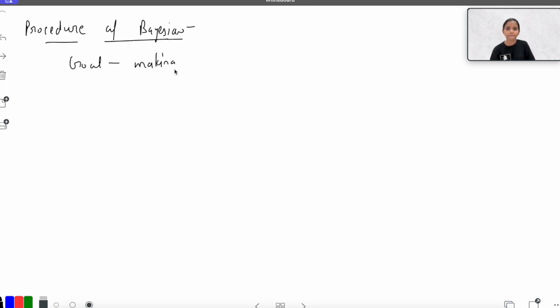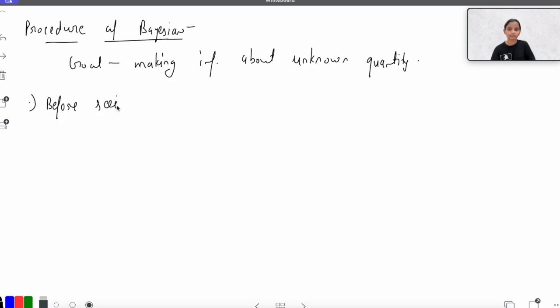So for the inference procedure, before actually seeing the data, we have some prior information regarding that data. So that is the prior probability.